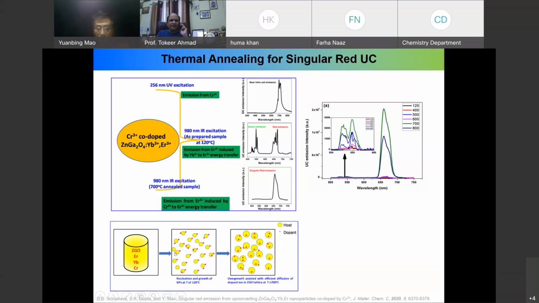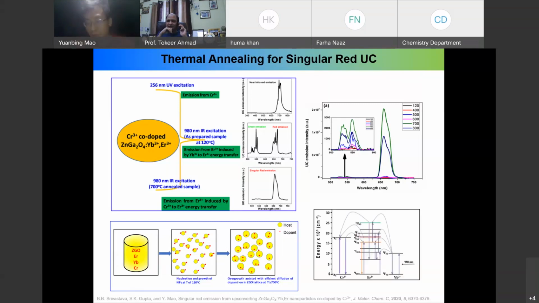When we do the annealing, the dopants will migrate into the nanoparticles and also be better distributed in the nanoparticles. So that helps to increase the luminescence. And of course, this is what we propose in terms of why there is only red emission. Because of the time, I will not go into the details about that.